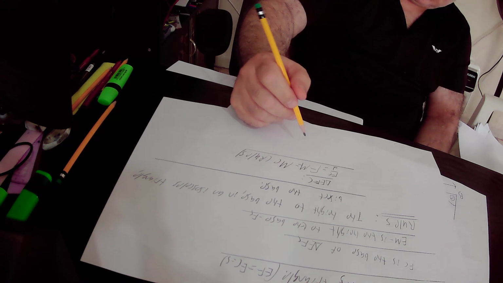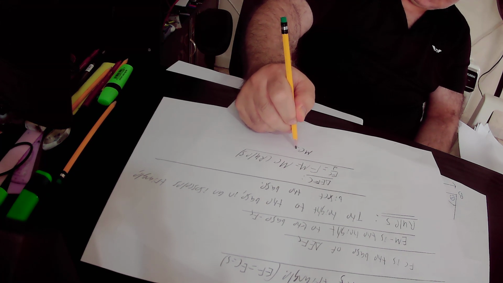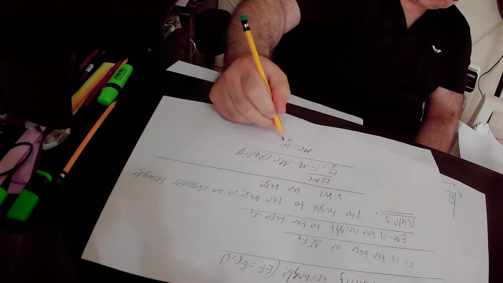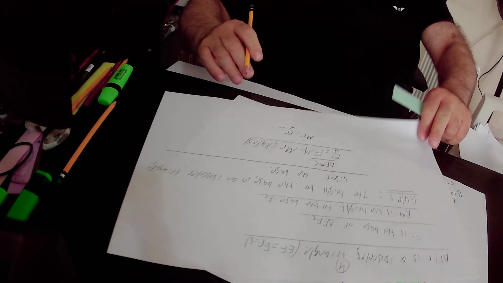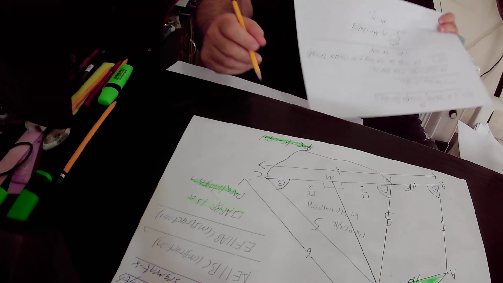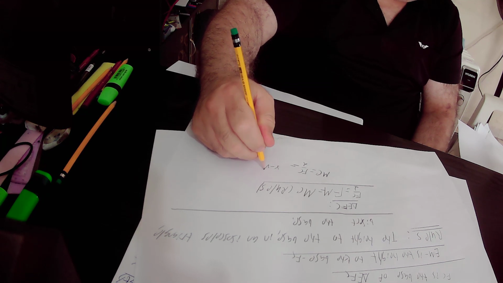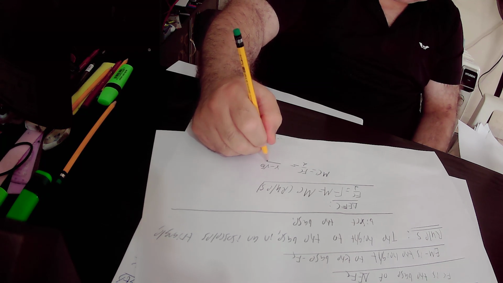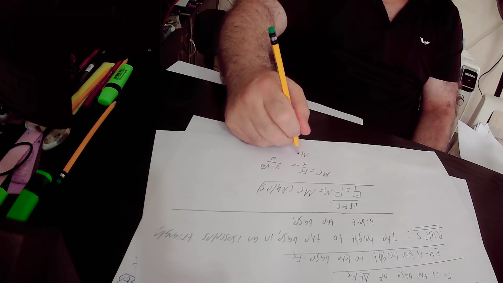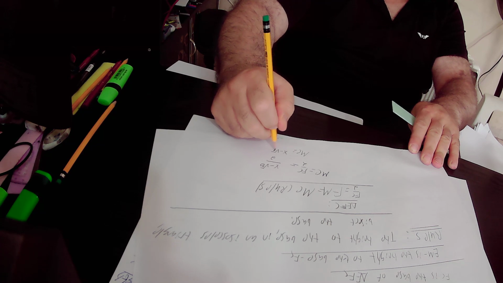So according to rule number 5, MC equals FC over 2. But we have already found out that FC equals x minus square root of 10 units. If we divide it by 2, we get the value of MC. So in conclusion, MC equals x minus square root of 10 over 2.